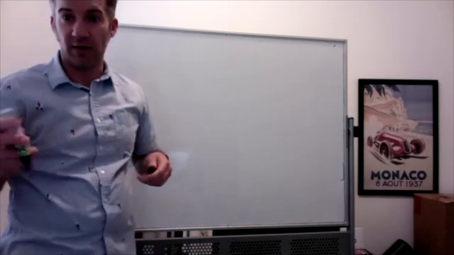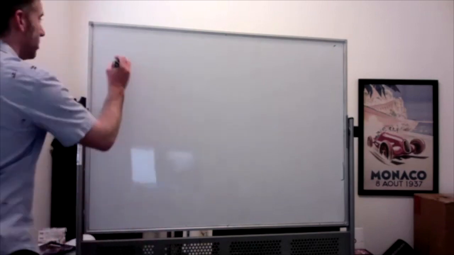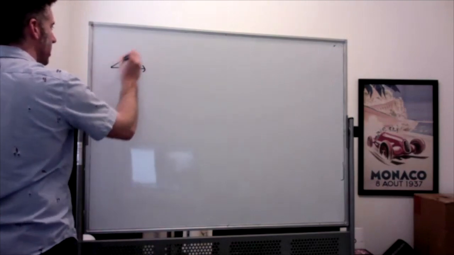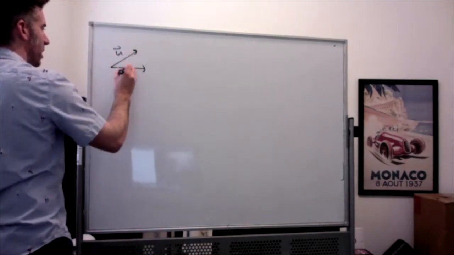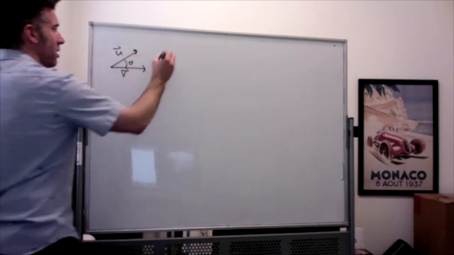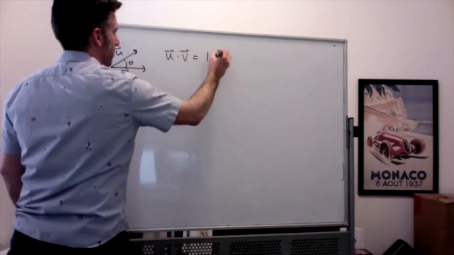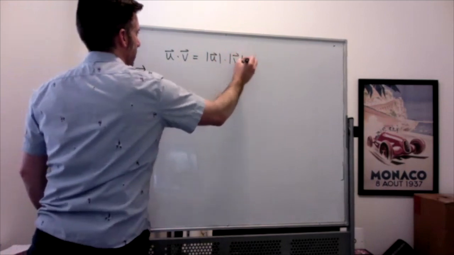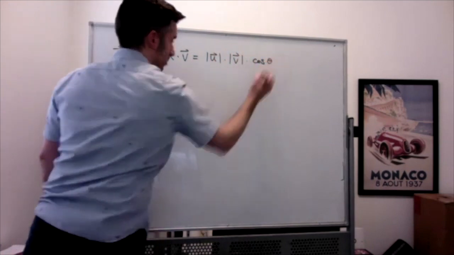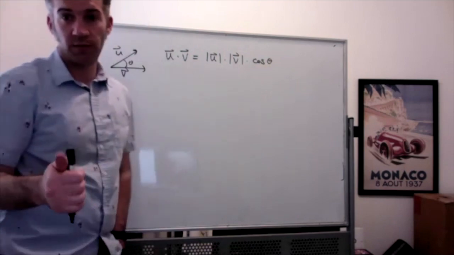So just a few reminders. Remember the dot product. If you have the vectors v and u, and the angle between them is theta, then u dot v is equal to the magnitude of u times the magnitude of v times cosine of the angle between them. Cool.